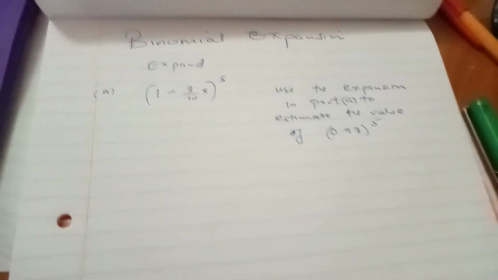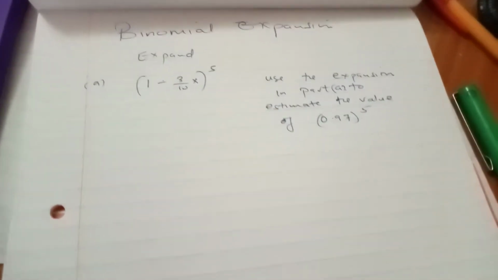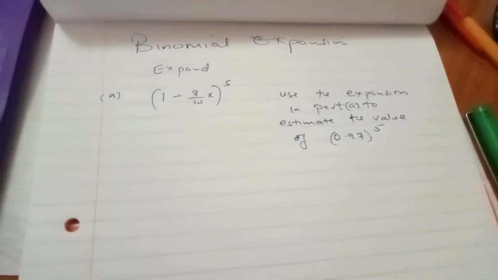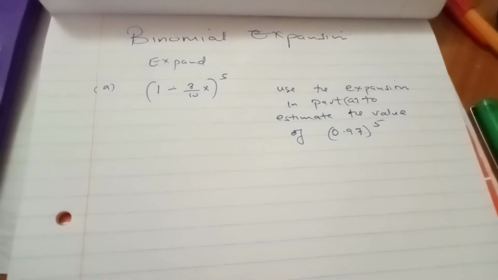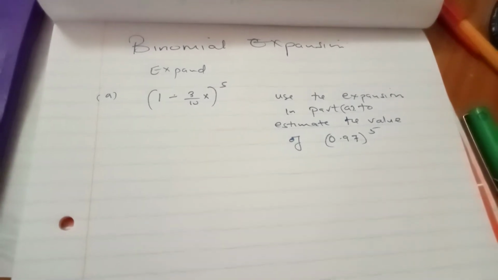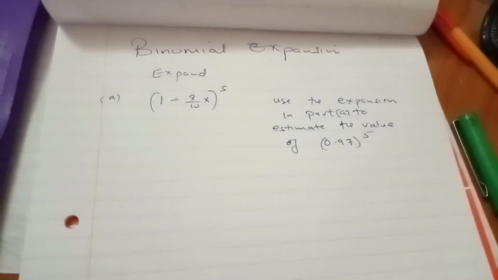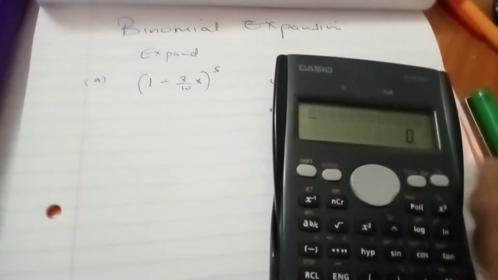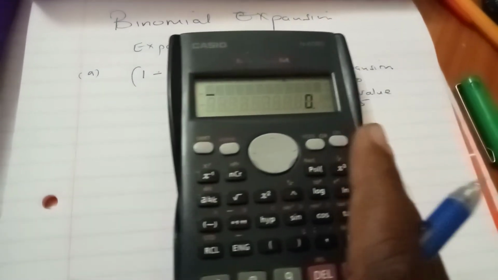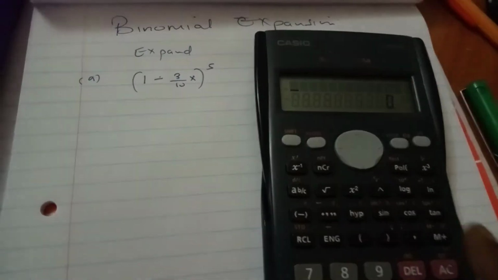Okay, so up to this point, I know you know how to extract the binomial coefficient, but maybe before I solve this, I should also show you how to use a calculator to actually extract the binomial expansion. The other technique which is also used to extract those coefficients, I may do it at the end of this video, but for now let me show you how to use them.